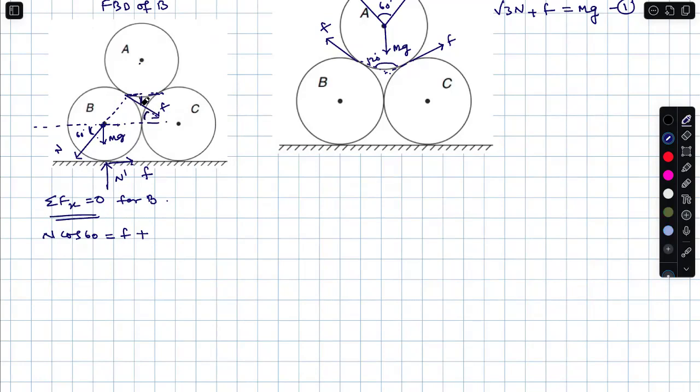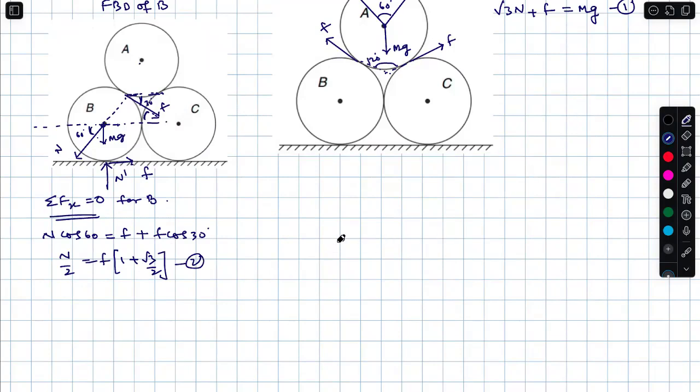So F cos 30. Right. Any doubts? So finally, N by 2 is F into 1 plus root 3 by 2. This is equation 2. That is equation 1.